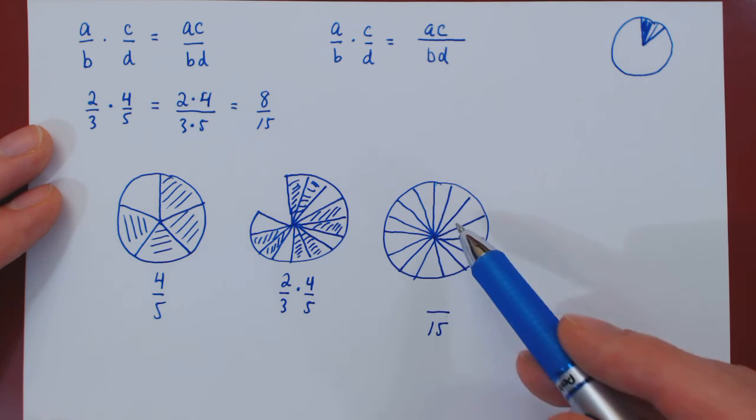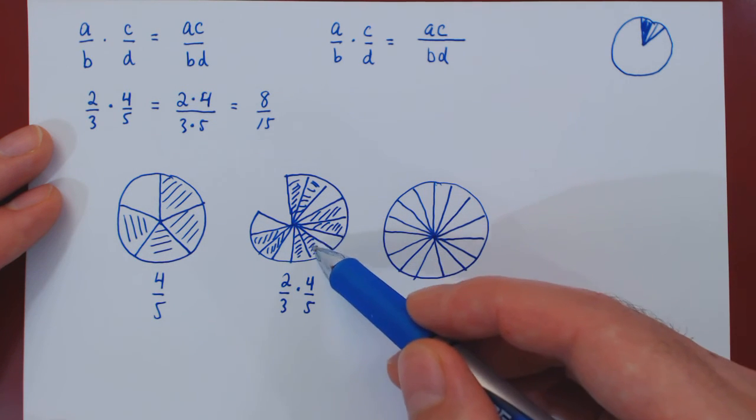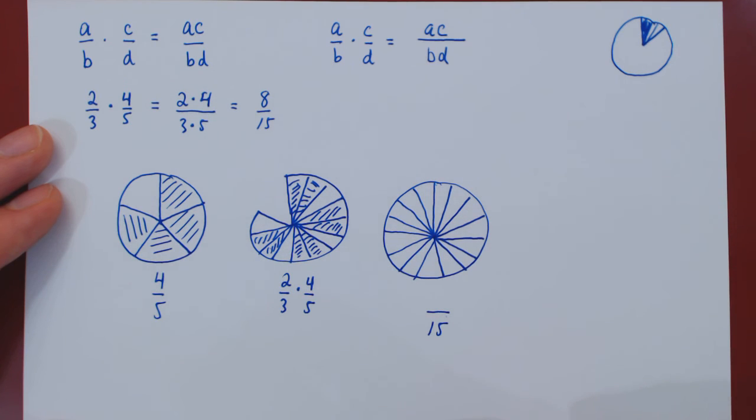And how many do we have out of those 15? Let's count them: 1, 2, 3, 4, 5, 6, 7, 8.